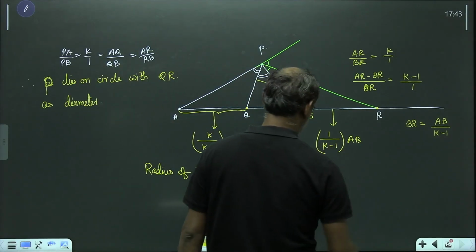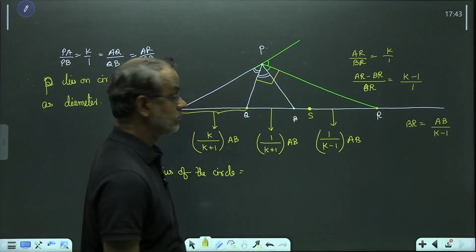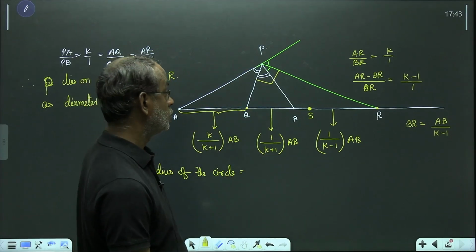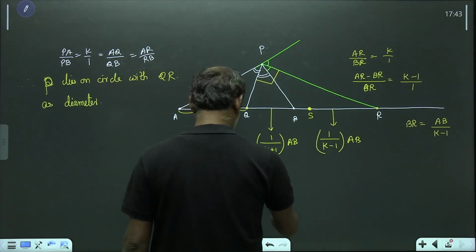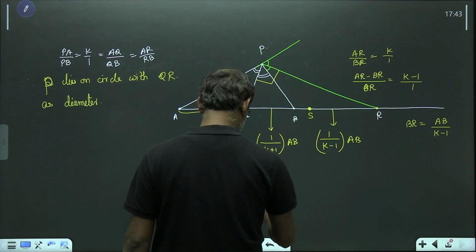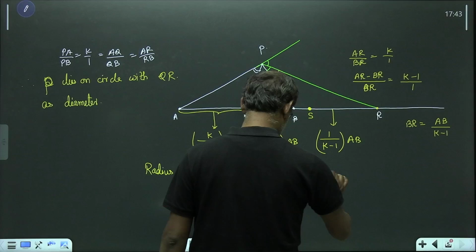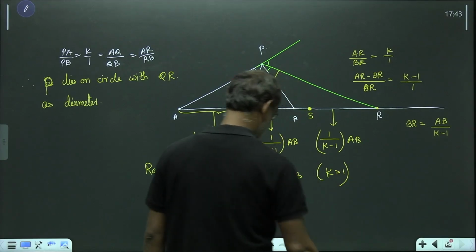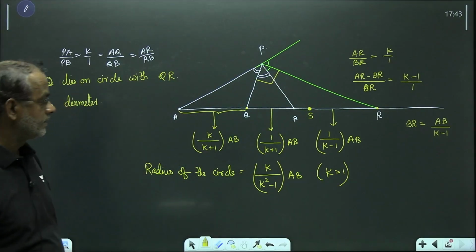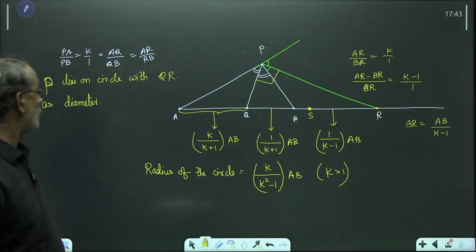Now, if you add 1 by K plus 1 and 1 by K minus 1, you get 2K upon K squared minus 1, and K is greater than 1. Okay. So, this is what you are going to get.